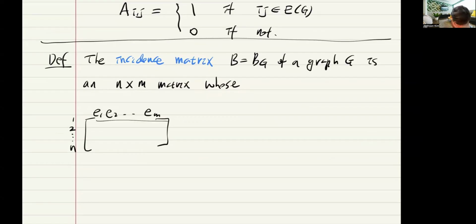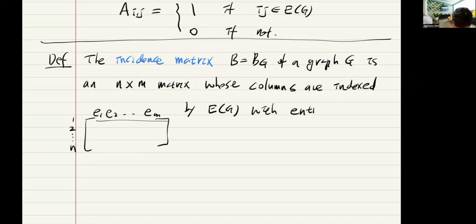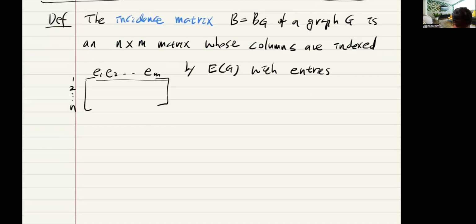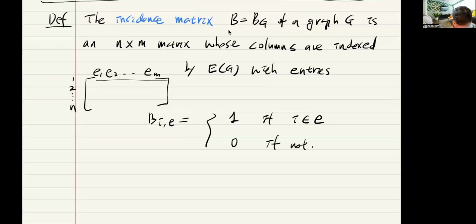It's not so important, but we fix an ordering over the edges first. So the columns are indexed by the edges, and the ij entry, technically the (i, e) entry, is 1 if vertex i is incident with e, so it belongs to e, and 0 otherwise.